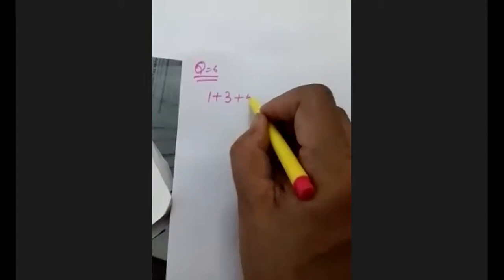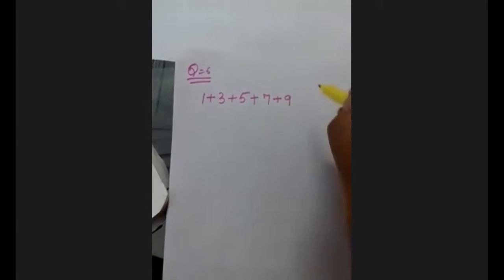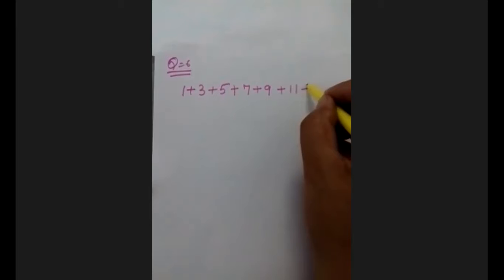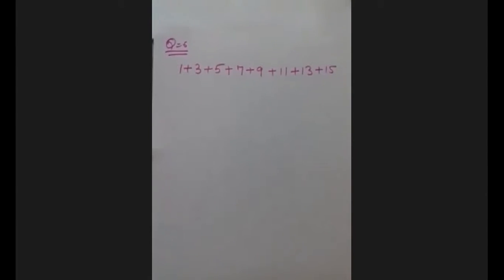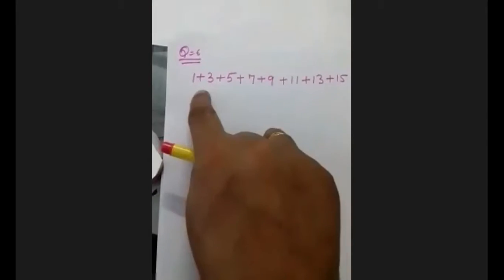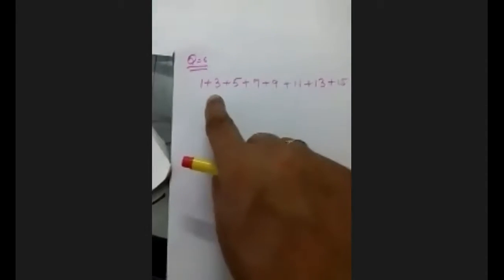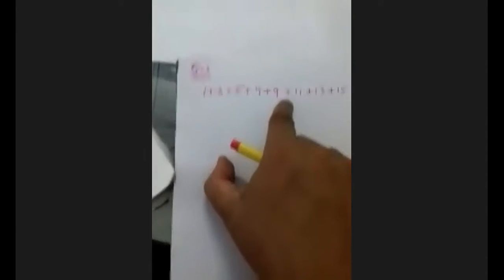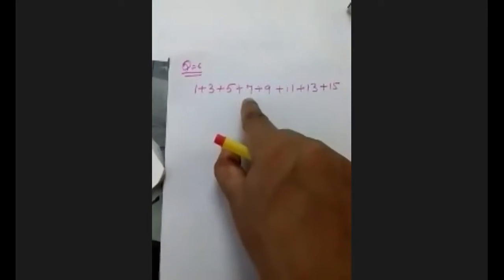Your numbers are 1 plus 3 plus 5 plus 7 plus 9 plus 11 plus 13 plus 15. Now, without adding, find the sum of these numbers. Now, students, first we'll observe these are all odd numbers: 1, 3, 5, 7, 9, 11, 13, and 15.